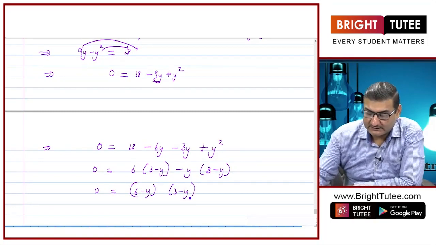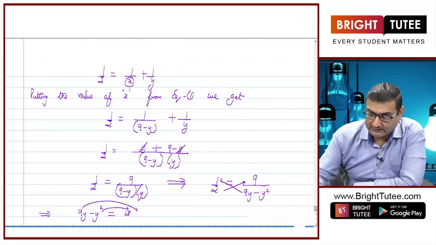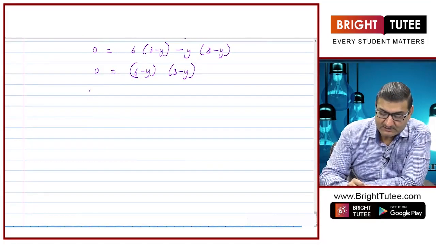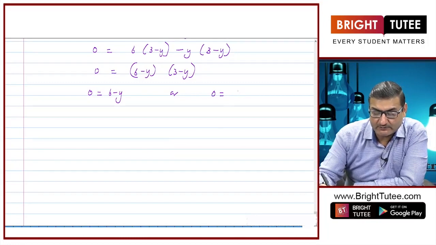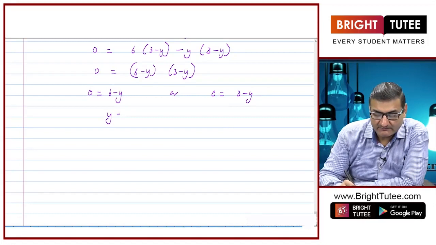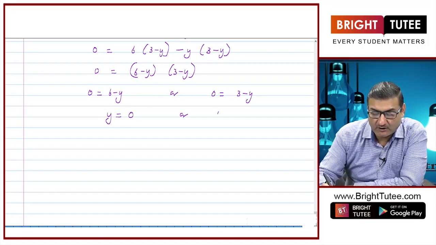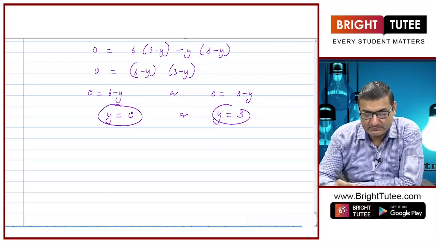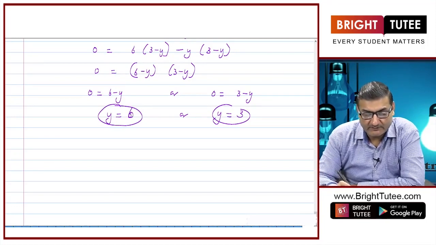So this leads me to either 0 is equal to 6 minus y or 0 is equal to 3 minus y, which gives me the value either y is equal to 6 or y is equal to 3. These are two possible values I will get of y.